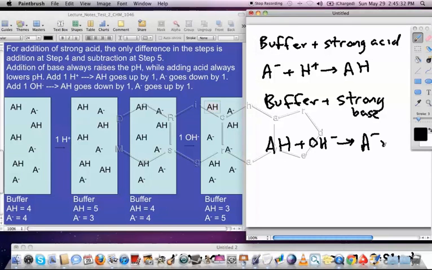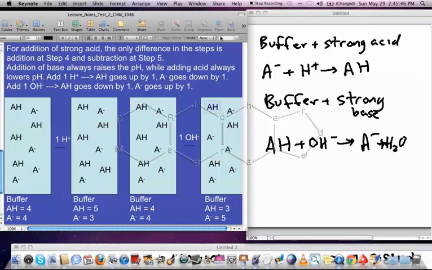We'll get A- plus H2O as well. The H2O doesn't matter so much, but the point is that the OH- has reacted with the AH, and we've gotten just one more molecule of A-. And again, this is going to send the pH up a little bit because it's going to be a little bit more basic, but it's not going to be basic by a huge amount.